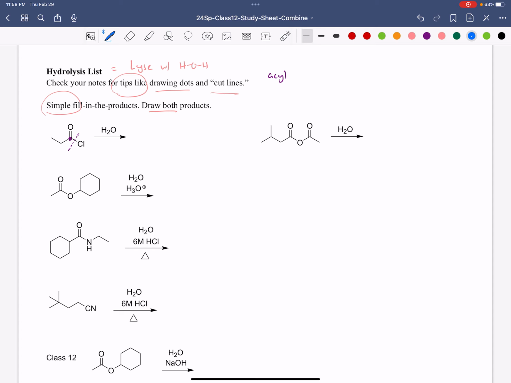But eventually you're going to need to take some shortcuts, because on a lot of exam problems, I'm just going to ask for the products. So lyse is you're going to cut, and the dot becomes a carboxylic acid. That's the definition of a carboxylic acid derivative, that you could hydrolyze it to make a carboxylic acid.